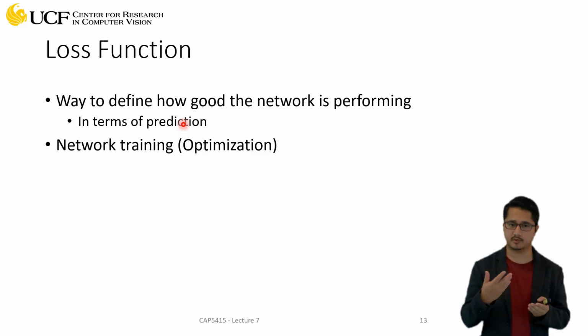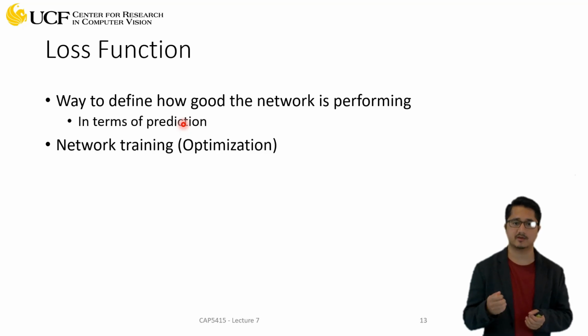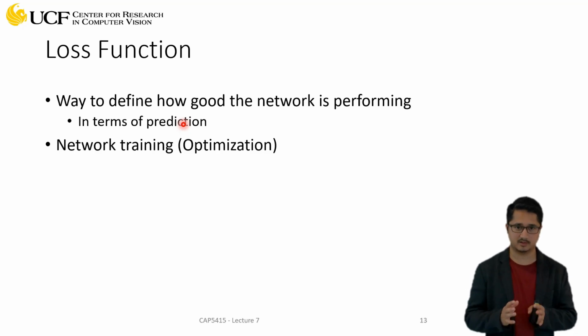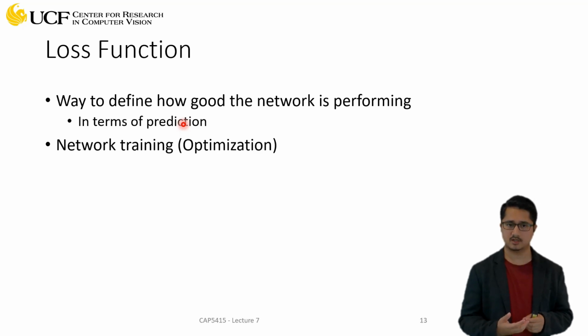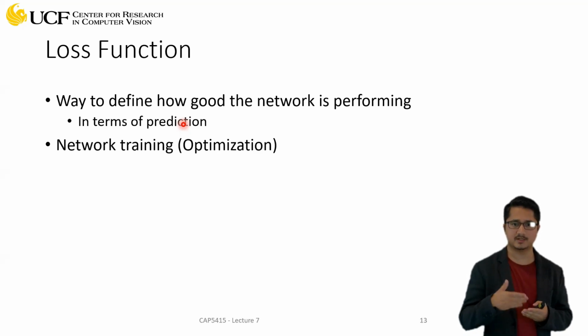And it will get more complicated as you move to segmentation, where for every pixel you have to say which object category is present. So it depends on what task you are solving. But right now we'll focus on just classification, where you just say whether the object is present or not. And that concept can be easily generalized to other tasks as well.